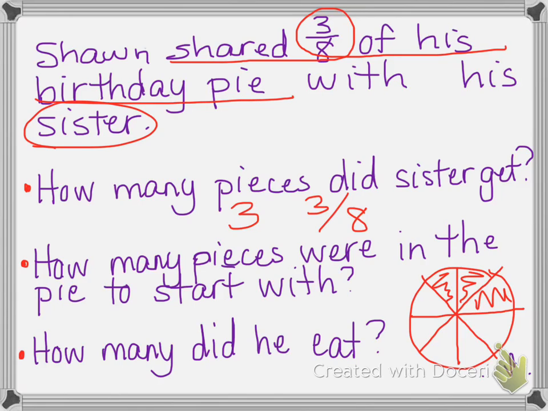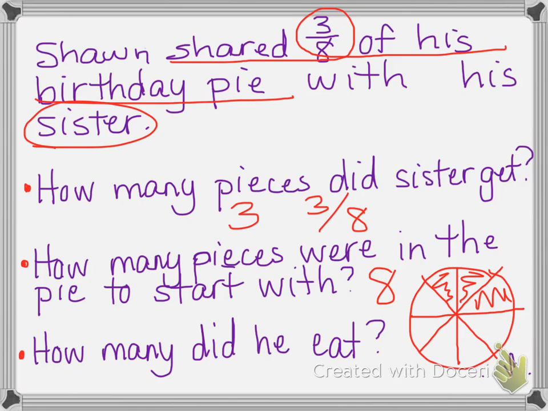How many pieces were in the pie to start with? Well, that answer is revealed with our denominator. The denominator is 8. The whole pie started as 8. So the answer to this question is how many equal pieces make one whole? And that answer is 8. Now to answer the rest of this question, how many did he eat?